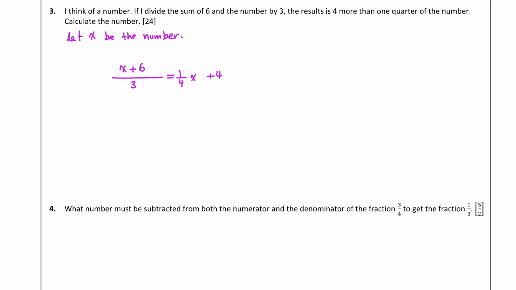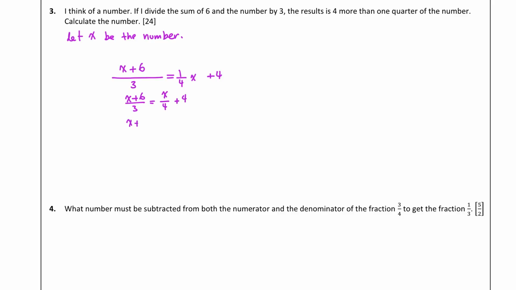But the equation kind of looks messy, so what I want to do first on the right hand side is to get a common denominator and simplify it a little bit. So I'll keep the left side the same, so x plus 6 over 3 is equal to, on the right hand side, let's break it down first, x times 1 on the numerator is just x over 4 plus 4.